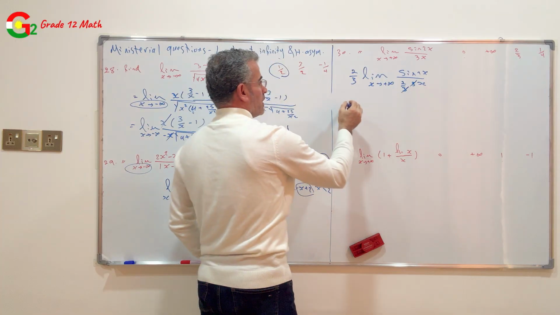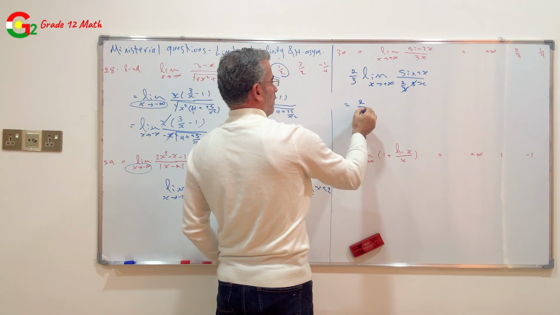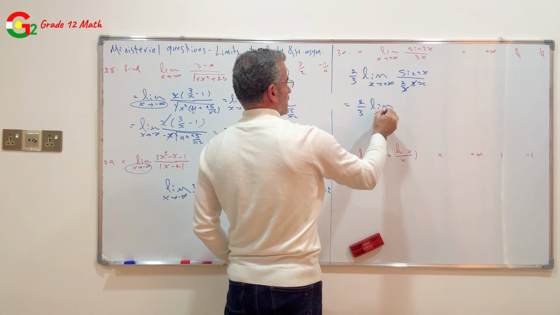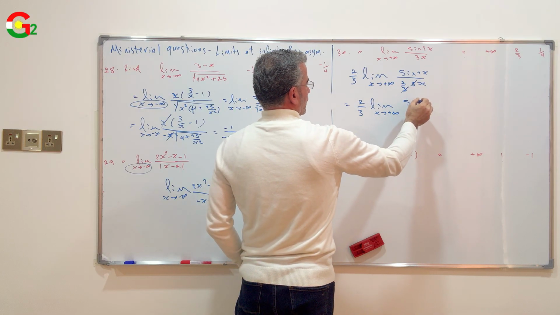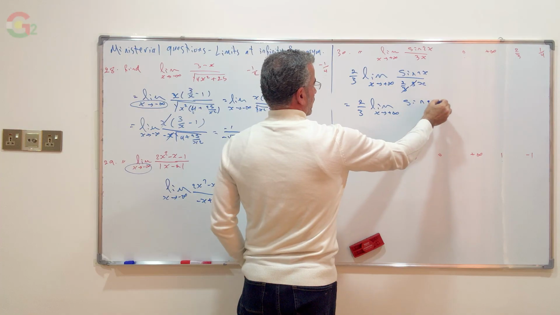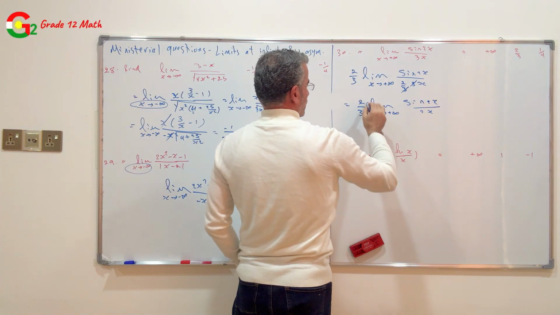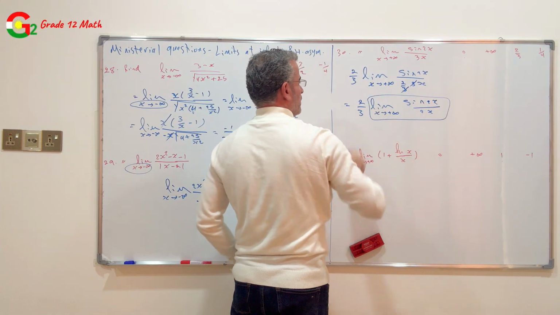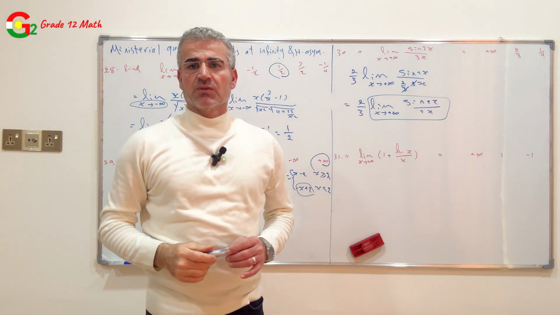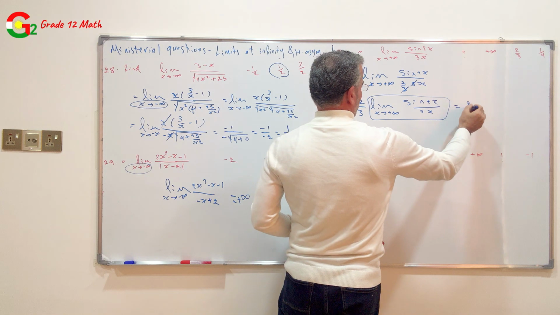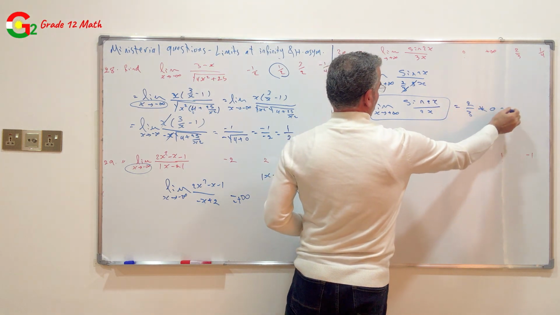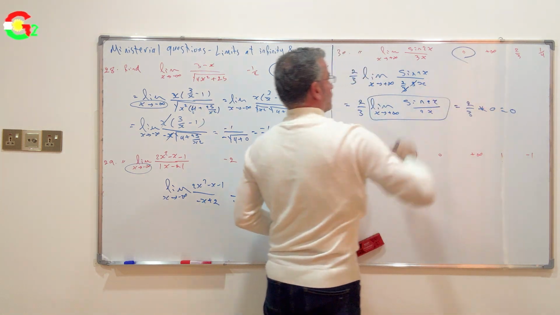Reduce 3 with 3. The answer will be 2 over 3, limit x approach to positive infinity, sine 2x over 2x. By squeeze theorem, limit sine 2x over 2x when x approach to positive infinity is 0, then 2 over 3 times 0 equals 0. Choice A.